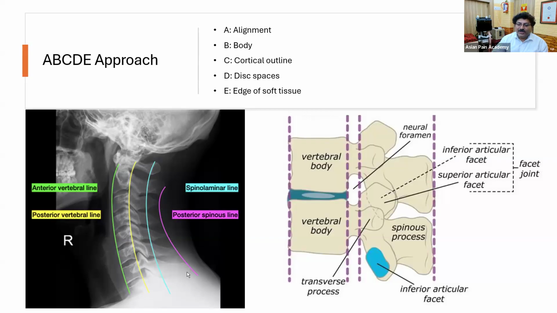They will be well aligned in a normal spine. Whenever there is a height reduction or an anteroposterior displacement, this alignment will be lost.